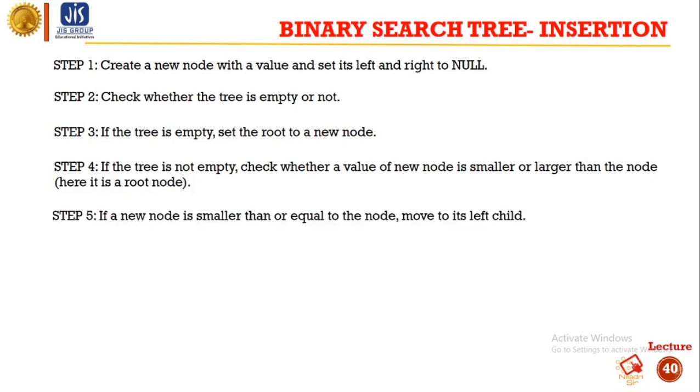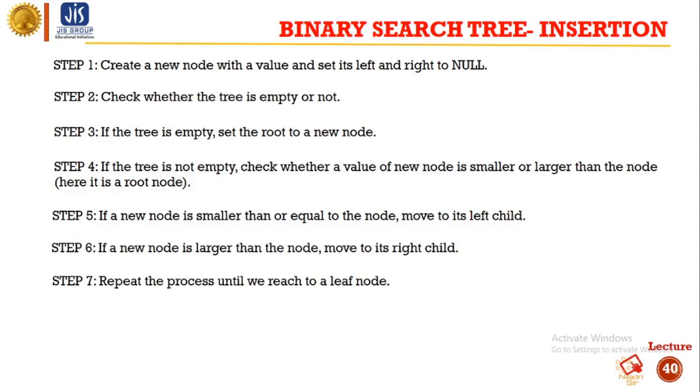In step 5, if the new node is smaller than or equal to the node, we move to its left child. In step 6, if the new node is larger than the node, we move to its right child. In step 7, we repeat the process until we reach a leaf node.